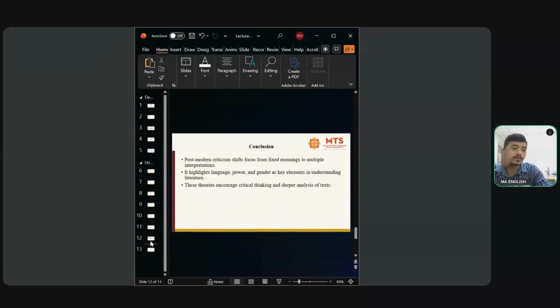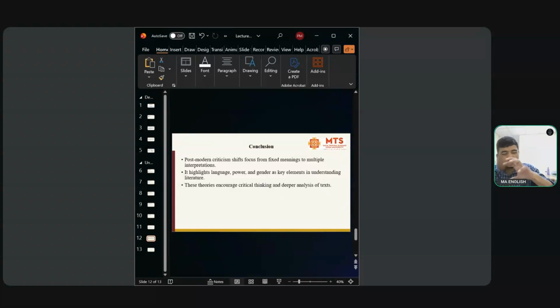And now we are moving towards the conclusions of this lecture. Today we have discussed how postmodern criticism shifts focus from fixed meaning to multiple interpretations.